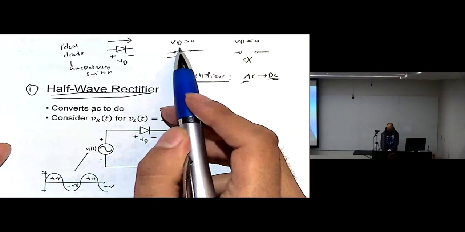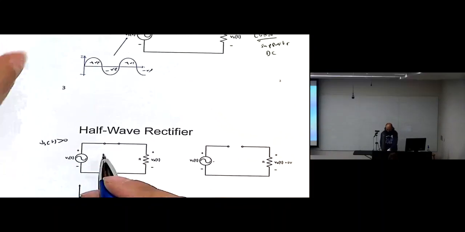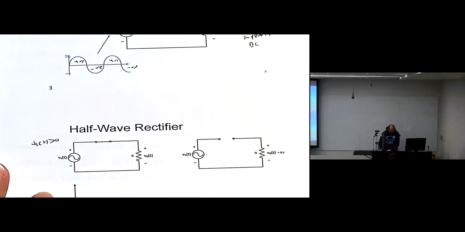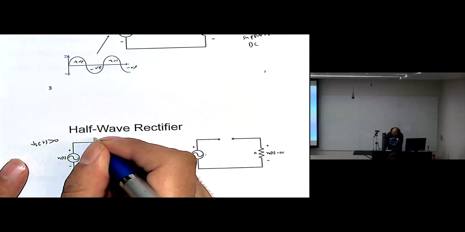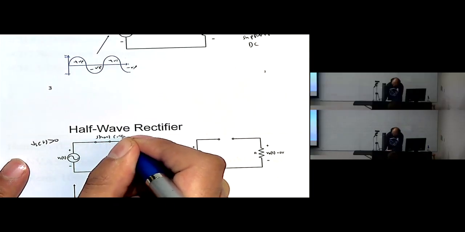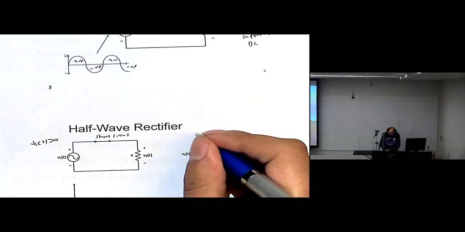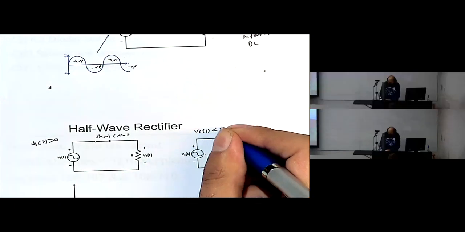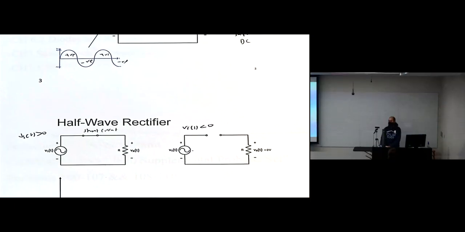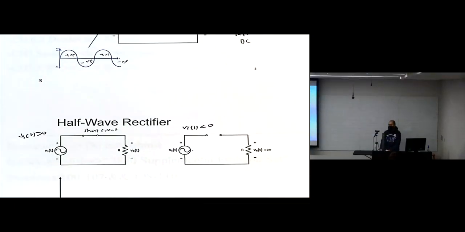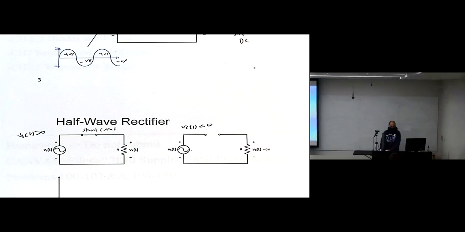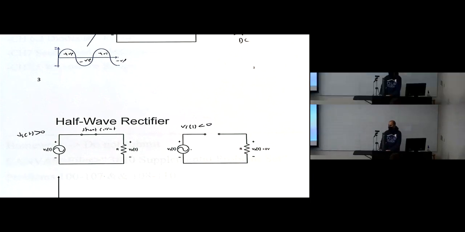That's what we know, it's positive. So for Vs of t larger than 0, it will be a short circuit. While if Vs is in the negative cycle, the diode should be what? Short circuit. I'm sorry, open circuit. That's what we know from the diode.